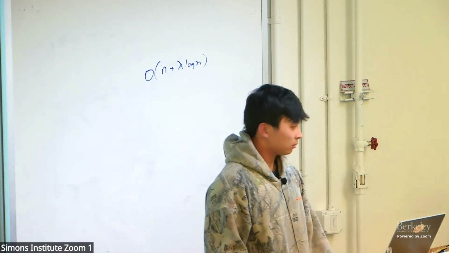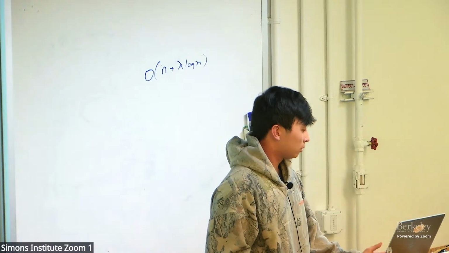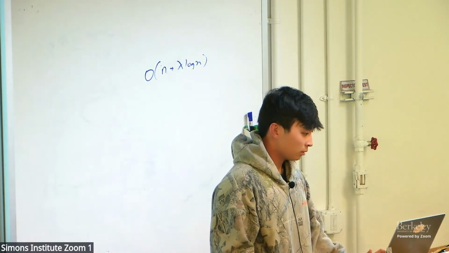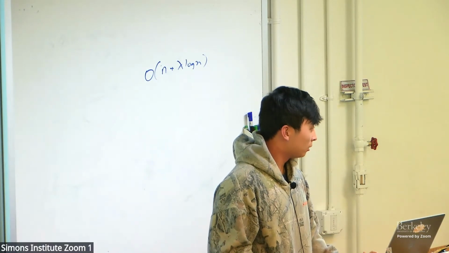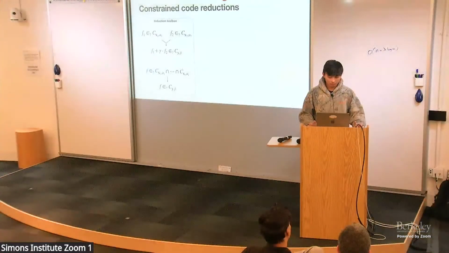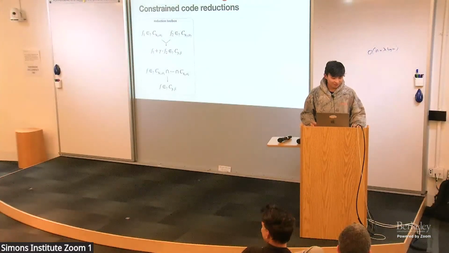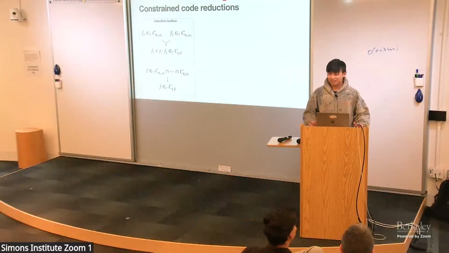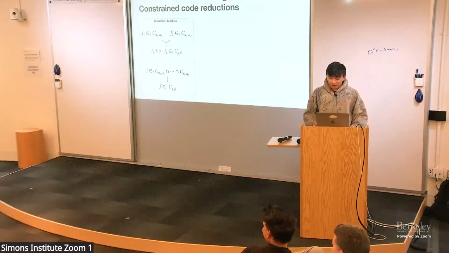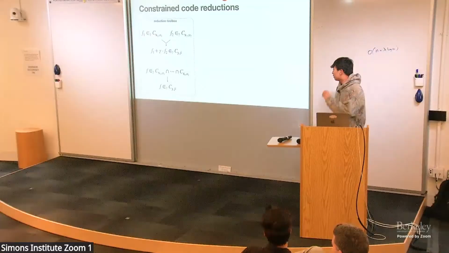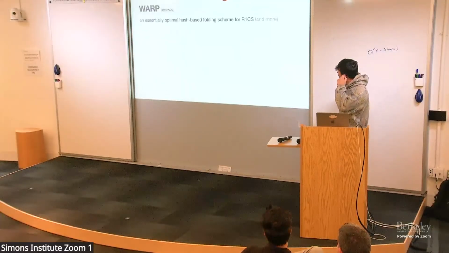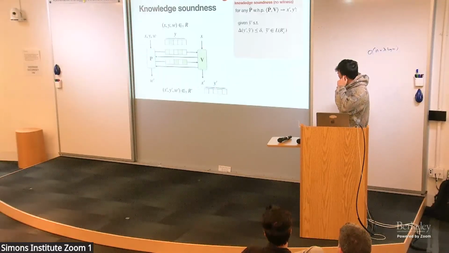Okay, in that case, I have to ask the standard question: this stuff is supposed to be post-quantum secure. What can you say about a QROM analysis of this? We don't have a QROM analysis. Is there some generic result that would give a QROM analysis of this? I think so, and it should be fairly straightforward.